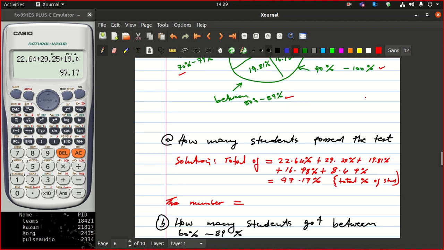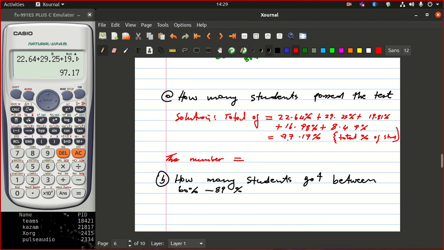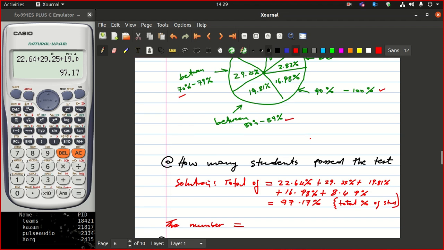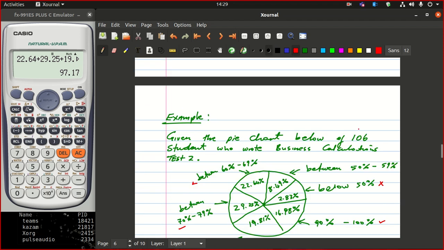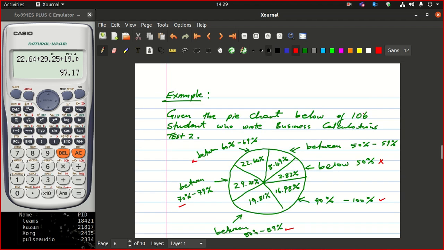So what I need to do first, because I already have this percentage, is look at the percentage of that number. The easiest way to do this is simple: convert this to a fraction, and then you take that fraction and multiply by this number.